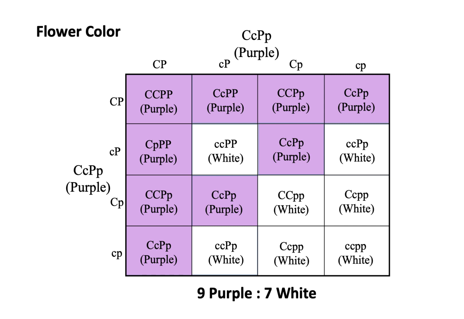But if you have a double recessive set of alleles for either the C locus or the P locus, then no color is formed, so you get a white flower. So in this case, you get a 9 purple to 7 white ratio in the progeny.